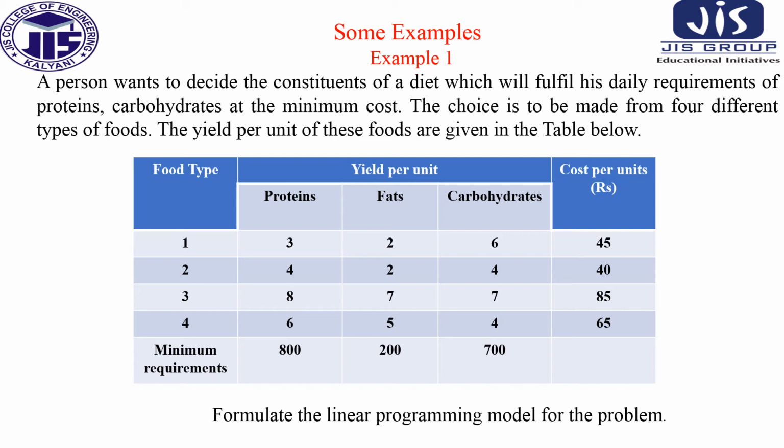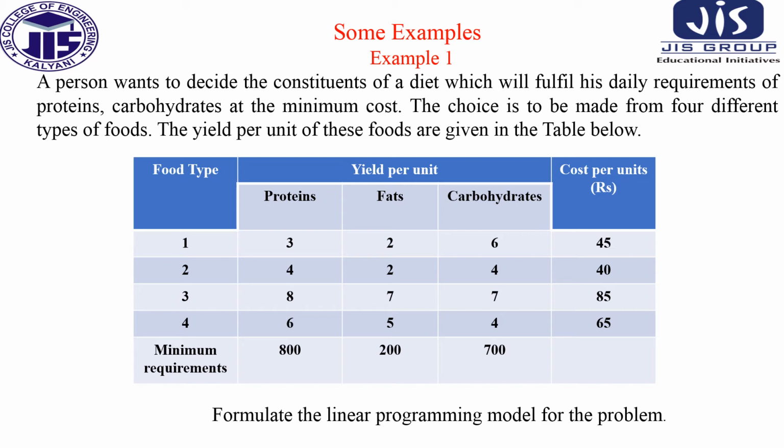And these are the cost per unit: for food type 1 this is 45 rupees per unit. For food type 2, the price is 40 rupees per unit. The price of food type 3 is 85 rupees per unit, and the price of food type 4 is 65 rupees per unit.